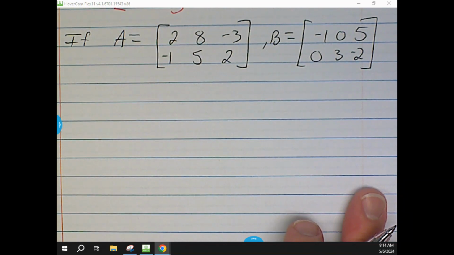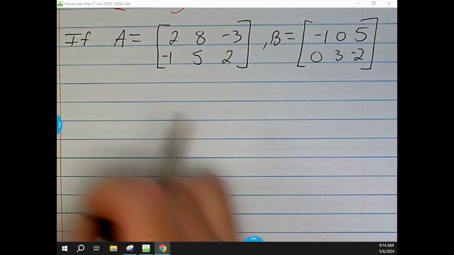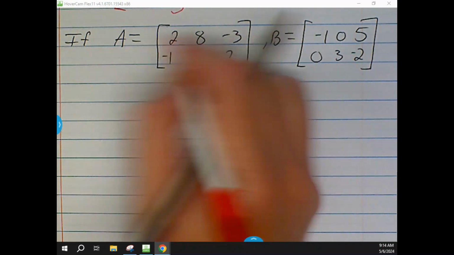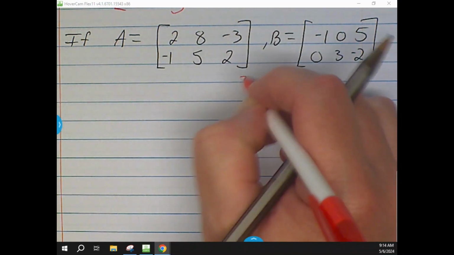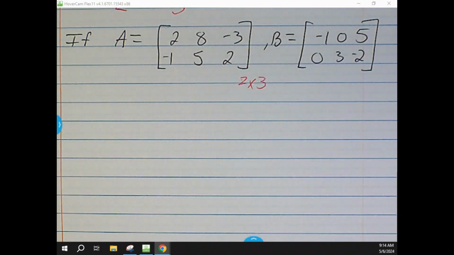So, all right. What we're going to do, let me show you, is that they'll give you these 2 matrices. And again, check on these just to make sure we're good on the size. This is 2 rows and 3 columns, so that's a 2 by 3 matrix. Same thing here, 2 rows, 3 columns. So both of them are 2 by 3 matrices.